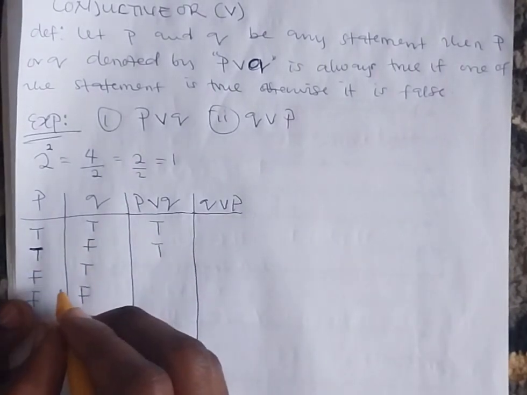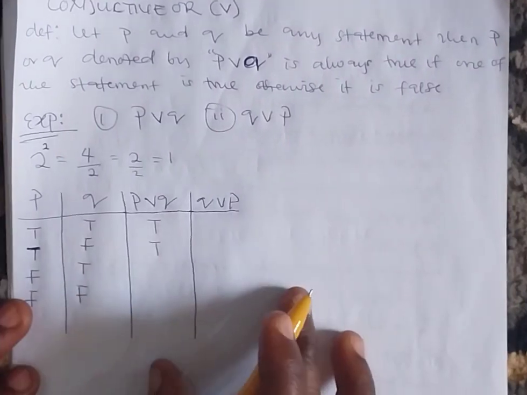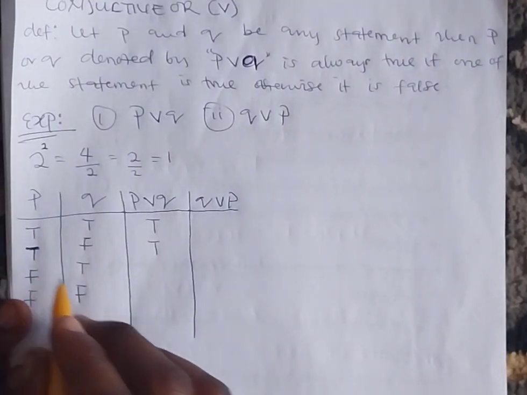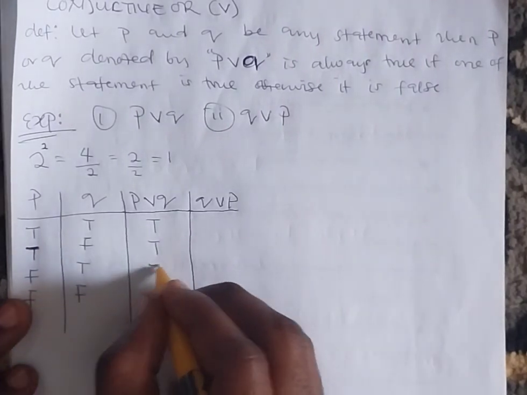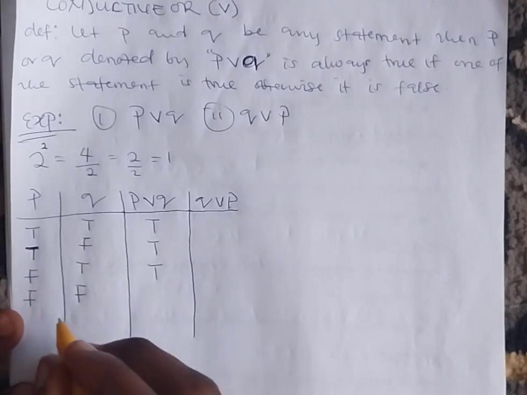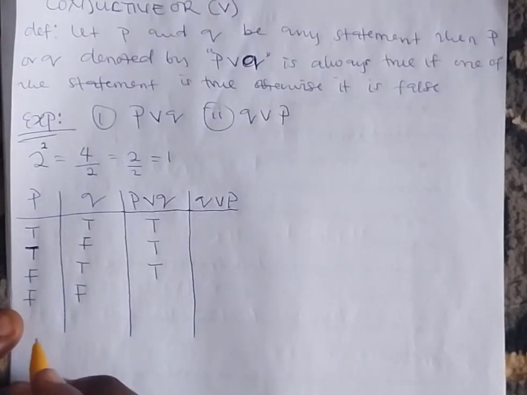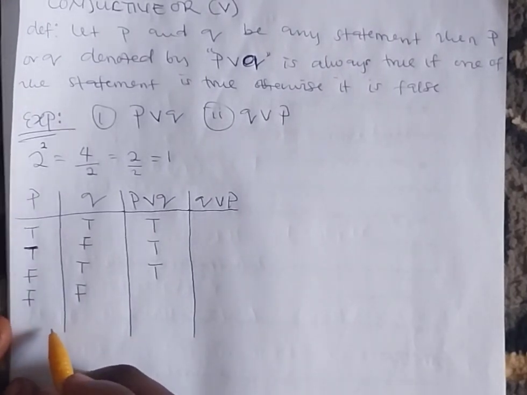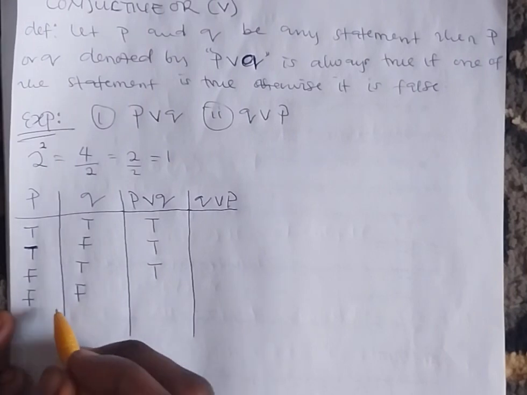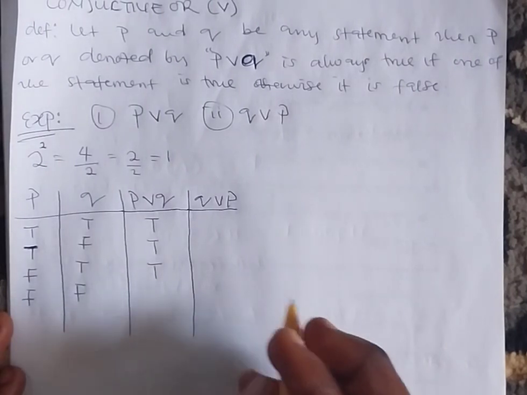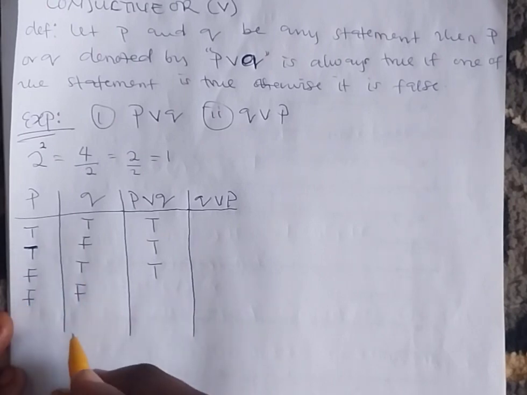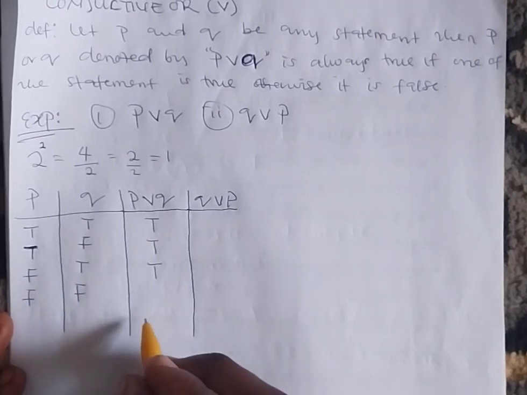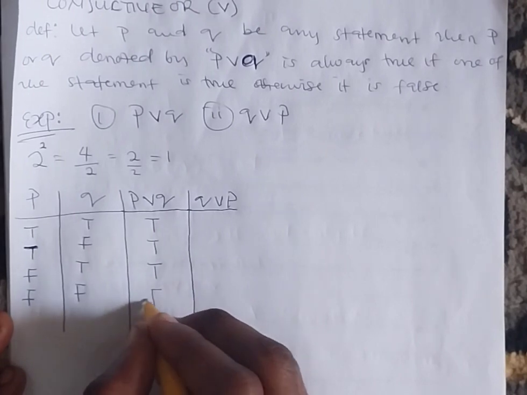Here too, they said if one of the statements, it can be P and it can be Q, is true, it means it satisfies the condition, so it is true. If one of the statements is true, it is true, otherwise it is false. So by the time we check, P is false and Q is false, it doesn't satisfy the condition, so it is false.